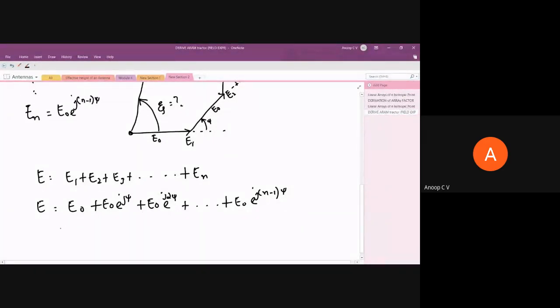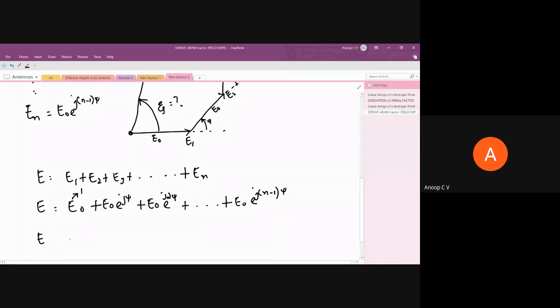So this E naught I can take common, and for convenience we assumed E naught to be equal to 1. Radiation from all sources has unit magnitude at some distance r. That's what we are assuming, for our convenience. If that E naught is there, also not a problem, but we are assuming E naught to be equal to 1.